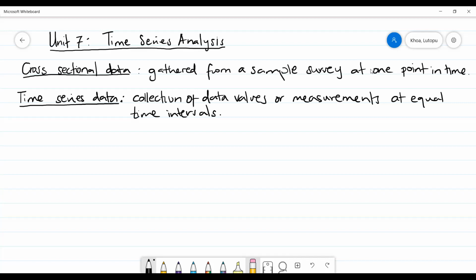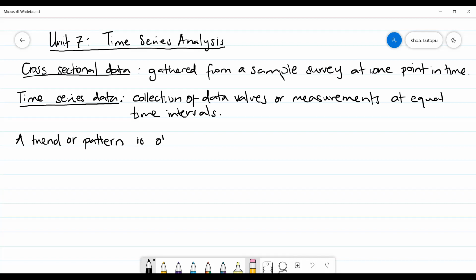Okay. Now, the reason we look at time series data is we want to see, is there a pattern that we can discern? And if we see that there is a pattern, can we say something about what it's likely to be in the future? So we want to forecast. So you look at the data and you might see there is a trend or a pattern.